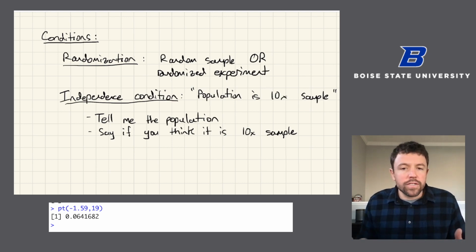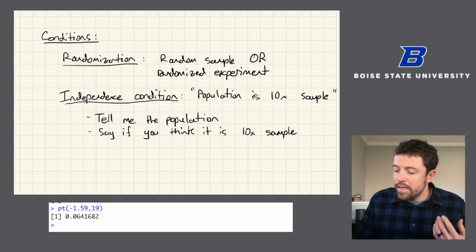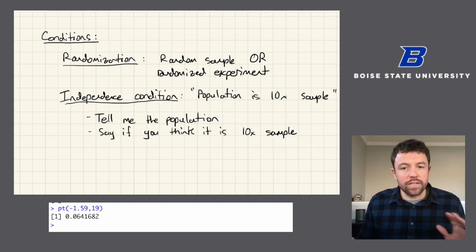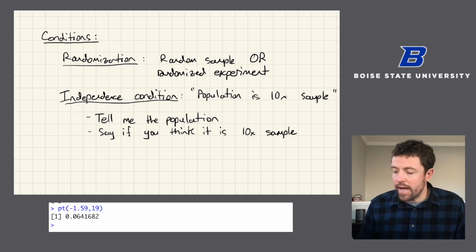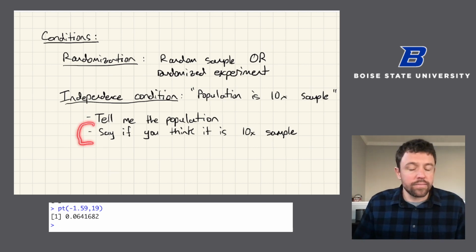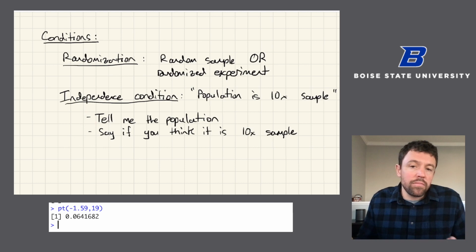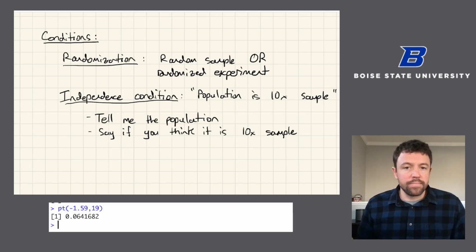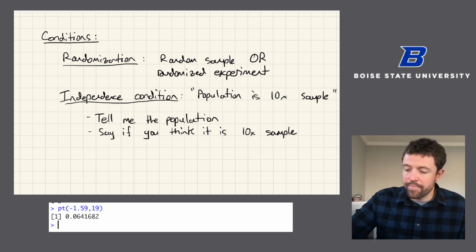There are problems where it's not totally clear what the population is from the amount of information you're given. Just tell me what you think it is. And as long as you've made a reasonable choice, that's fine. And again, same with this. Tell me whether you think it's 10 times the sample. And in most instances, it'll be relatively clear, but if it's not, that's fine. A reasonably explained answer is fine with me.